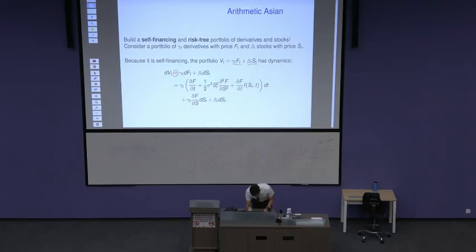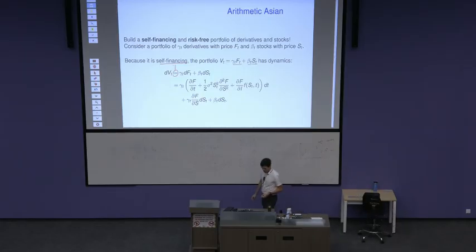So this is the first condition. This is because it's self-financing. So this means the value changes only because of the changes in the underlying instruments, because of df_t and dS_t, but not because we extract or inject any money. So this is this equation you have here.